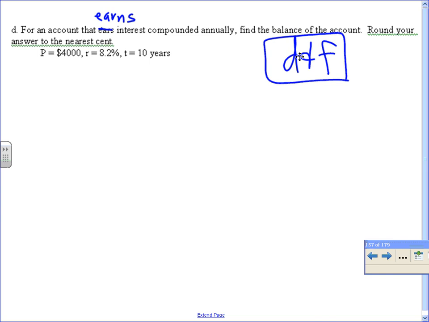Good. Oh, wait, it should be account B though. Is greater. But they gave you the time, so you're comparing 15 years and 30 years. Even though one's 30 and one's 15, you're still comparing them, even though they're different years.